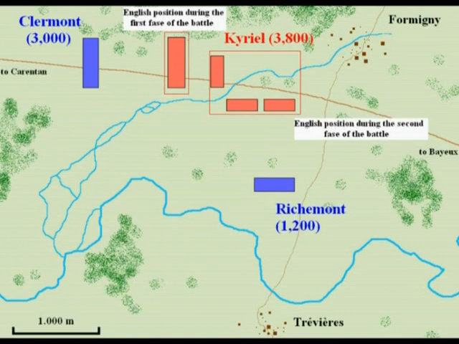However, these guys managed to retake the guns and bring them back, and seemingly in this clash some 200 Englishmen were killed, and the others pushed back. So this was a minor but kind of bloody engagement.